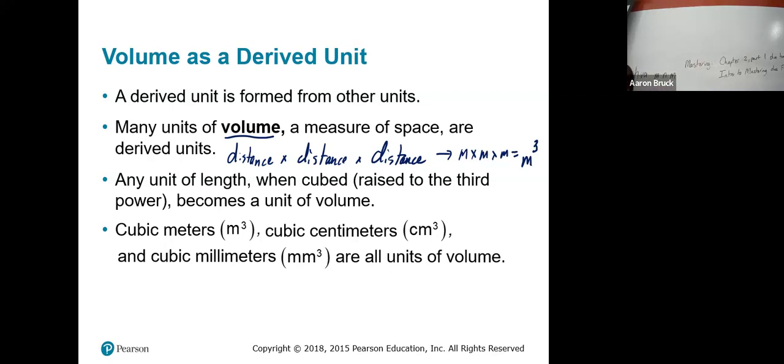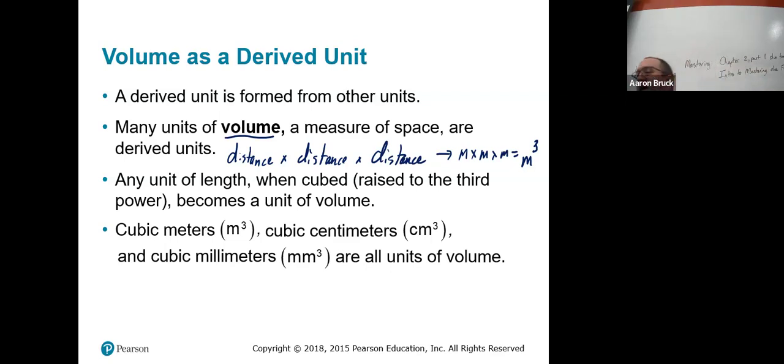Now, in talking about derived units, we have to understand that we are not limited just to the base units for making those. So, for example, if I don't want to measure this tissue box in units of meters because it's kind of absurd, this tissue box is nowhere near a meter long, I can measure it in centimeters, I can measure it in millimeters, I can measure it in a number of different ways that make more sense.